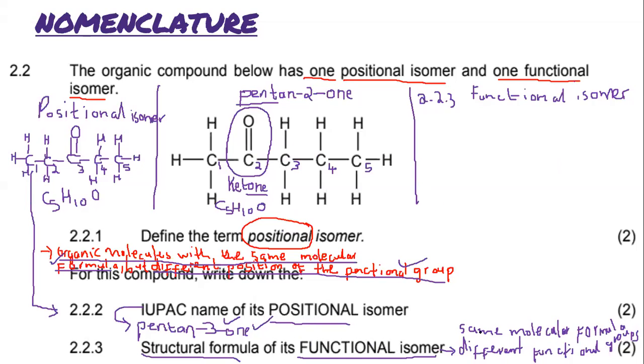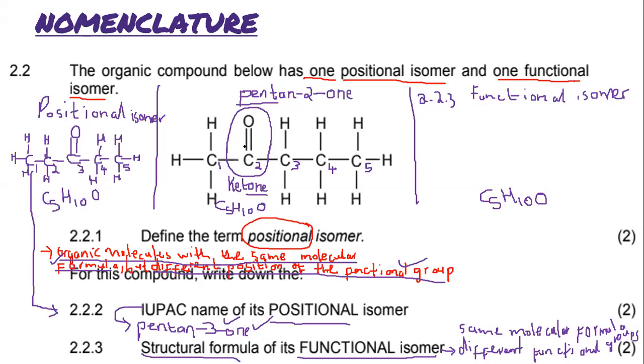In other words, the functional isomer must also be a C5H10O. That is the first thing that you need to remember. But the functional groups must be different. It means this carbonyl group, my dear learners, I cannot put it between two other carbon atoms. That is not going to happen when I draw a functional isomer.